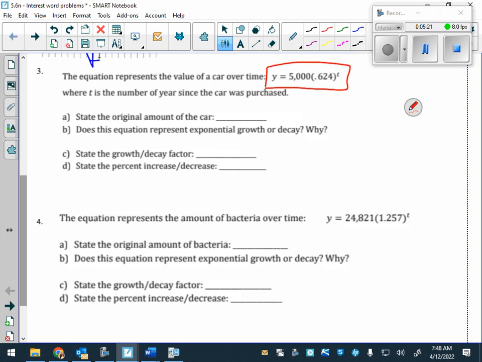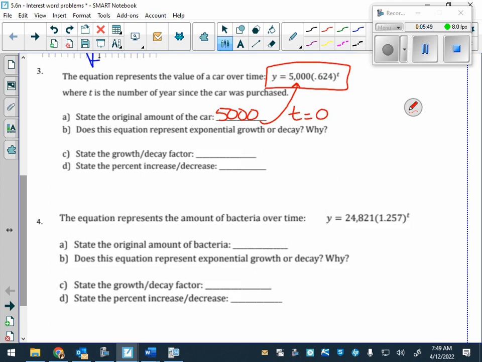If it's just a model, you're creating your equation that can be used for any question being asked. So the original amount of the car, Tate? 5,000. Typically it's right in front, or you can always do t equals 0. That shows you your original amount.